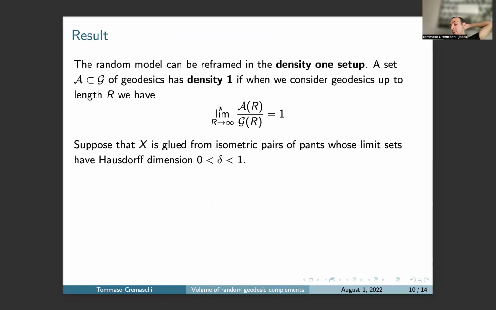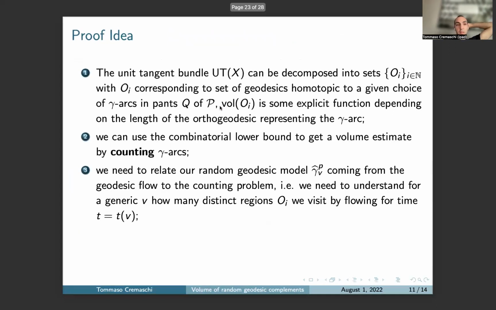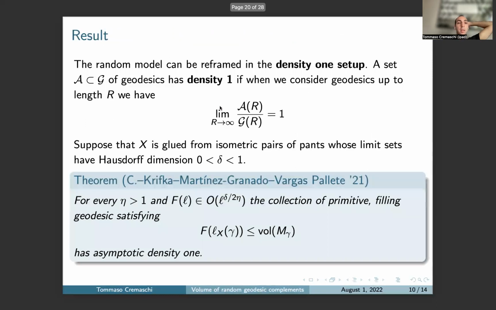So the result that we have is a density statement. If you take a surface of genus g with some hyperbolic structure, you can look at all geodesics of length at most R. That's a finite number, which we call G(R). It's finite because of hyperbolicity.